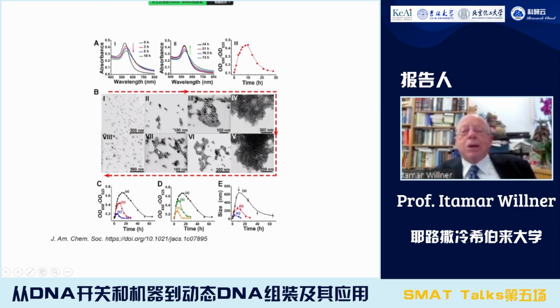The aggregate is being autonomously deaggregated to the separated nanoparticles. Naturally, this dissipative aggregation, deaggregation process is controlled by the concentration of the enzyme and the concentration of the trigger.